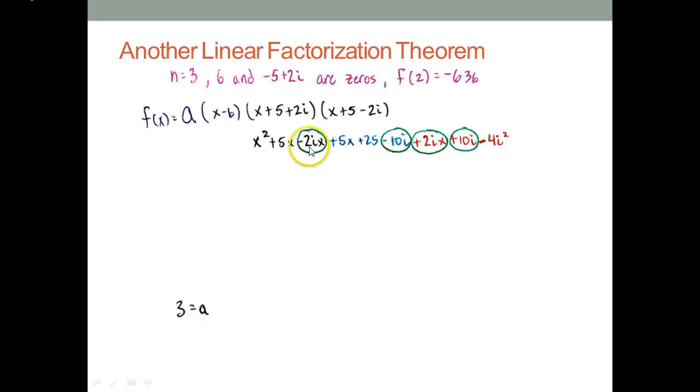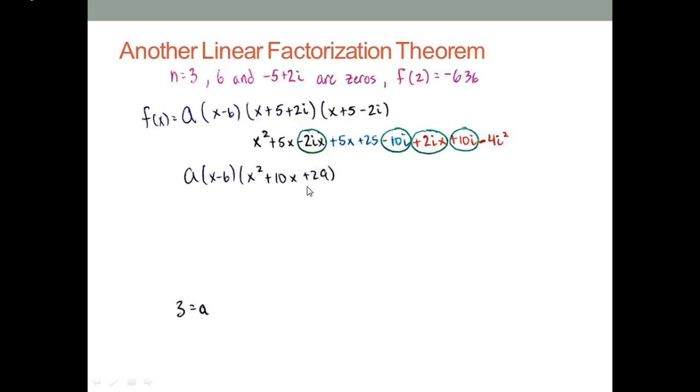All right, so I've circled some terms here. Negative 2ix and positive 2ix, those cancel. Negative 10i and positive 10i, those cancel. Excellent. This means that I have x squared, 5x and 5x make 10x, and 25 plus 4 gives me 29.